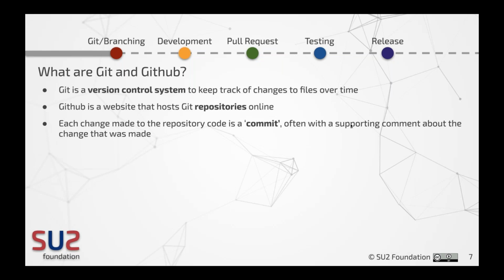Repositories are just collections of tracked files. Each change made to the repository code is called a commit. And often, or always, these commits should have a supporting comment about what change actually was made. A typical GitHub workflow would look like the following.